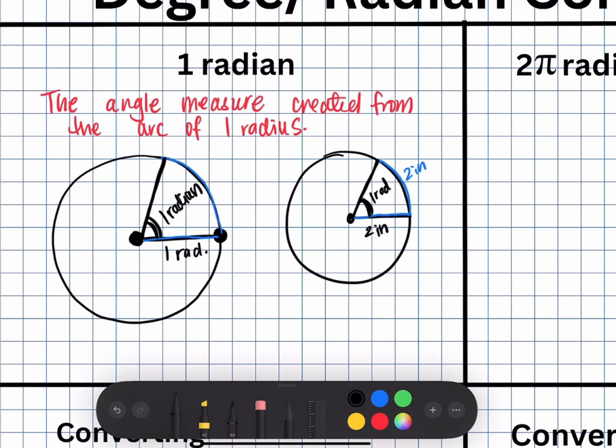And if you recall from pre-calculus, there are exactly 1, 2, 3, 4, 5, 6 radians, and a little bit extra. Approximately 6.28 radians.